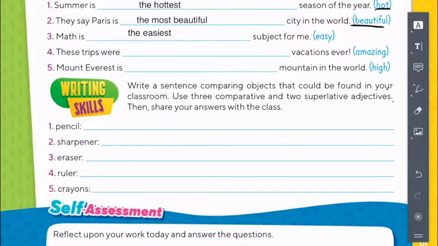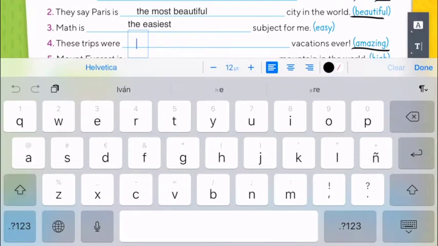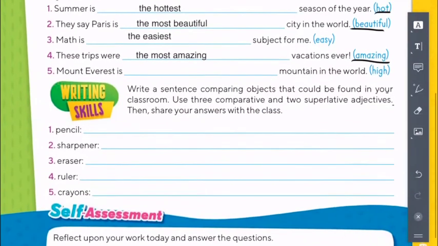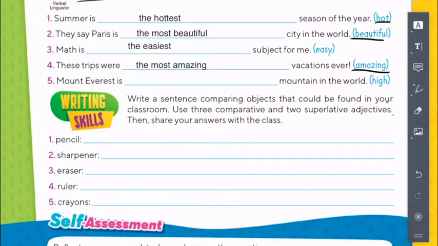Number 4. These trips were the vacations ever. And we have the adjective amazing. Is it amazingest or the most amazing? The most amazing. Good. And finally, number 5.